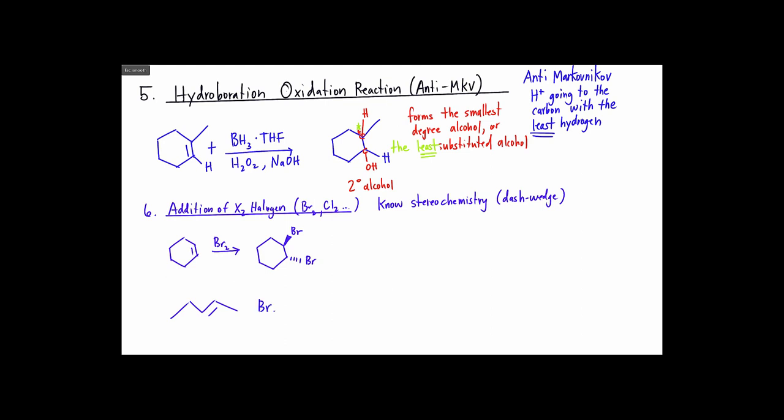And Br2. Okay. So I need to draw out the same amount of carbons, leave off the double bond, and we're going to have a trans product again. Excuse me, not a trans product, but a projection in the opposite direction.